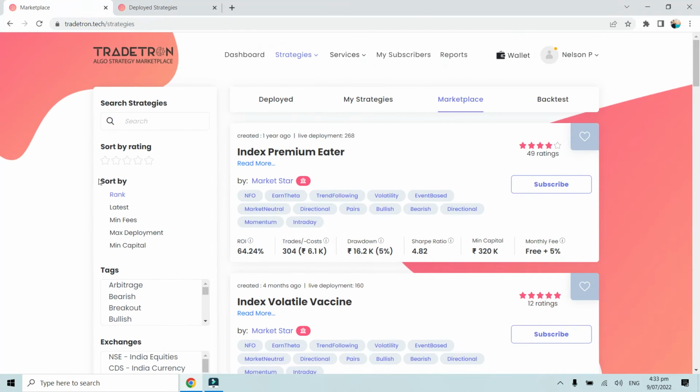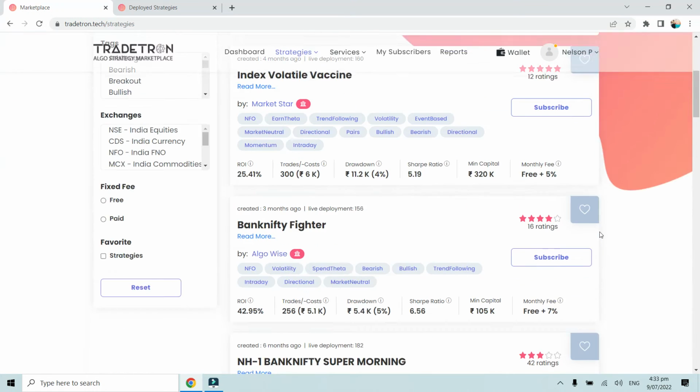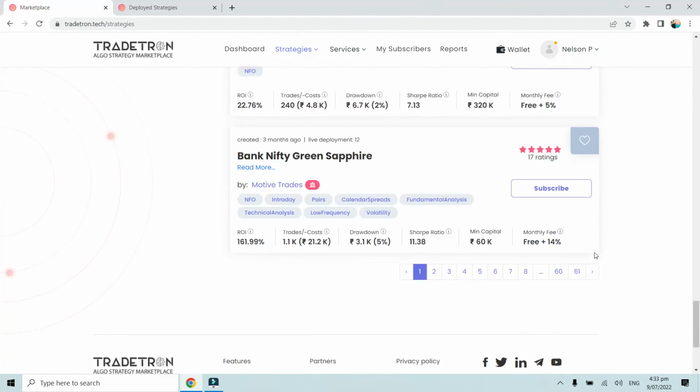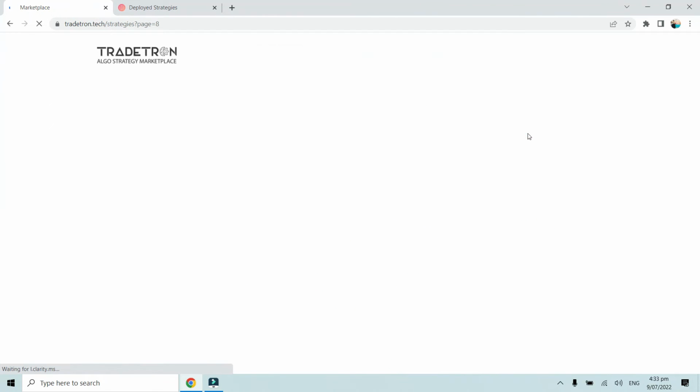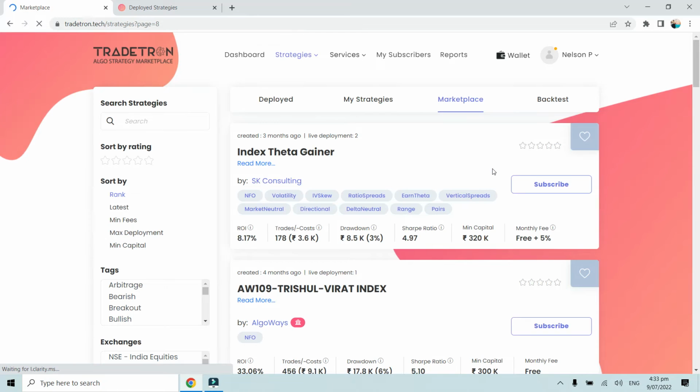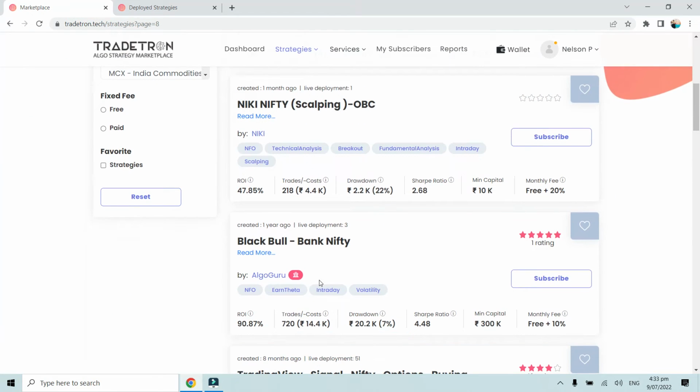Now I will also show you how to search for a particular strategy. You can do that as well. For example, if I want to check a particular strategy from, say, page number 8, maybe Black Bull Bank Nifty.